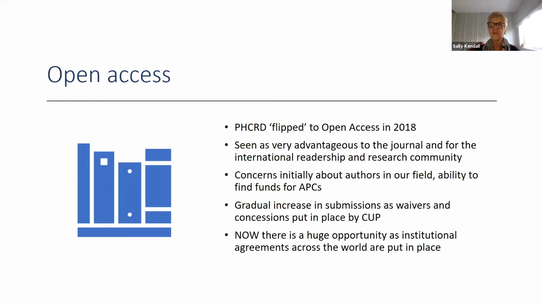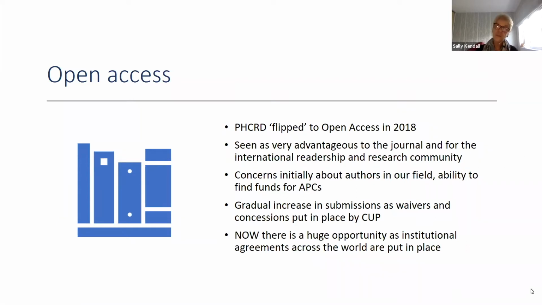And we've seen a number of waivers introduced for the APCs and concessions put in place by Cambridge University Press. So that has certainly enabled the whole process of becoming gold open access to be advantageous to the journal and to our authors.